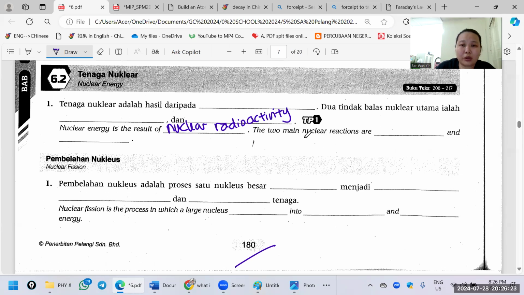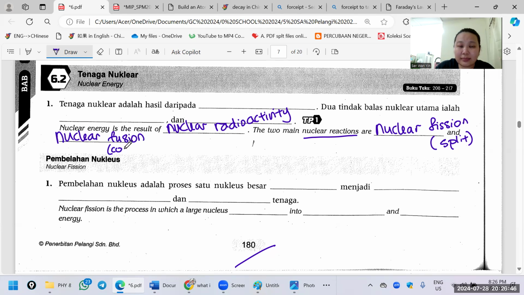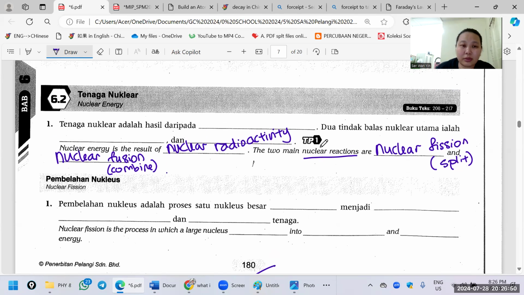The two main nuclear reactions are nuclear fission. Fission actually means split. It bombards the uranium and splits it into a few particles. And nuclear fusion. Fusion means they combine.